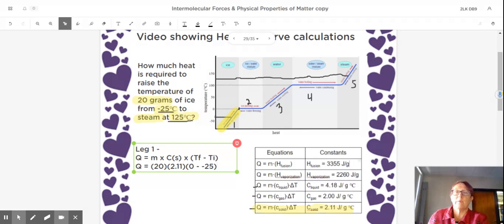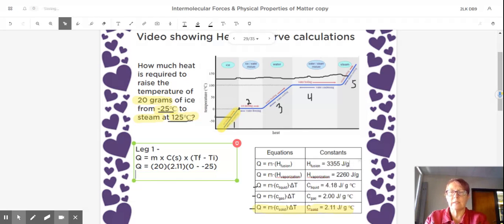Okay, so I'm going to plug these into my calculator. So I have 20 times 2.11 times, and I'm just going to type it into parentheses just like I have it, parentheses 0 minus a negative 25, parentheses. 1055.